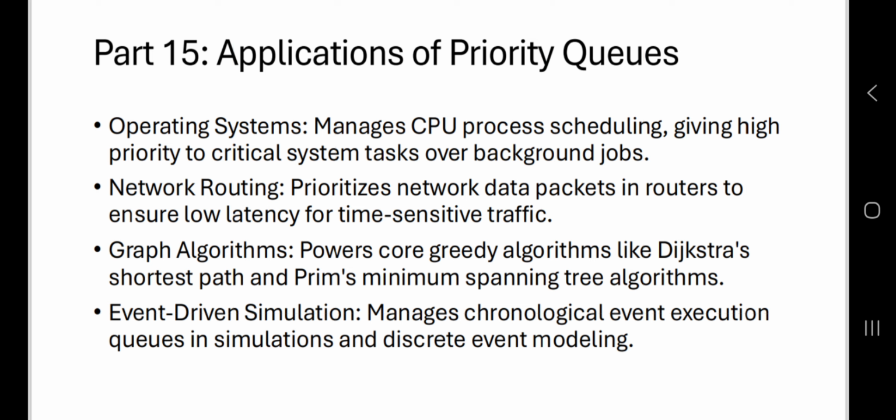Graph algorithms, so they power core greedy algorithms like Dijkstra's shortest path and Prim's minimum spanning tree algorithm. Event driven simulation, they manage chronological event execution queues in simulation and discrete event modeling.